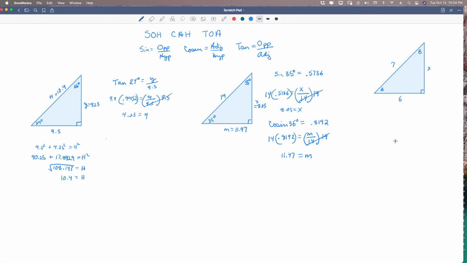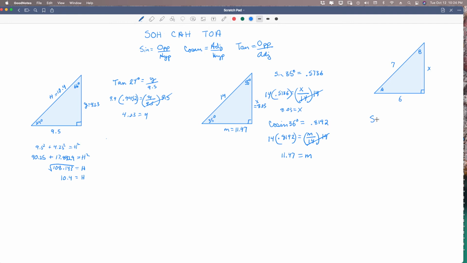So what are we going to do? We don't have an angle measurement for A or B to work from. So what we need to do is find the sine using the ratio. Let's look at what we have.